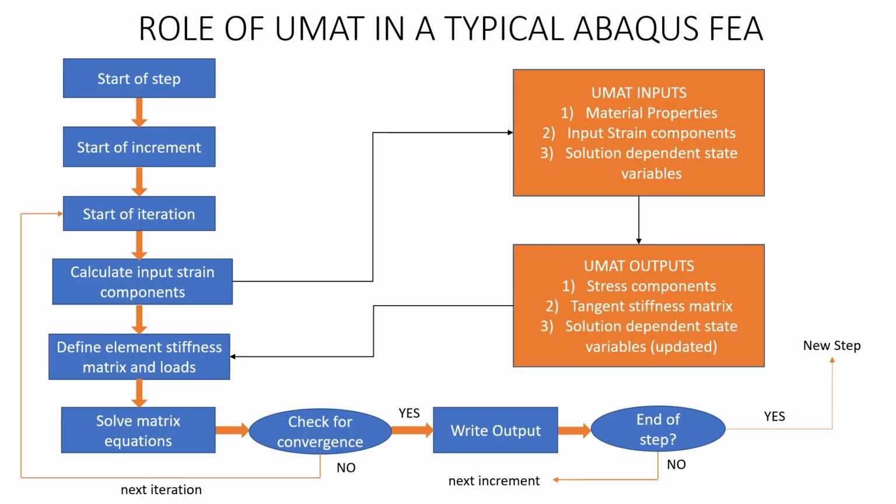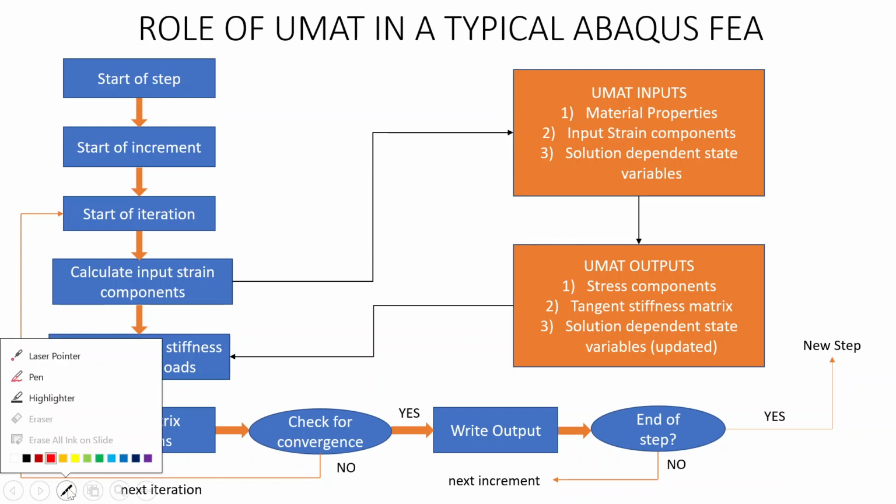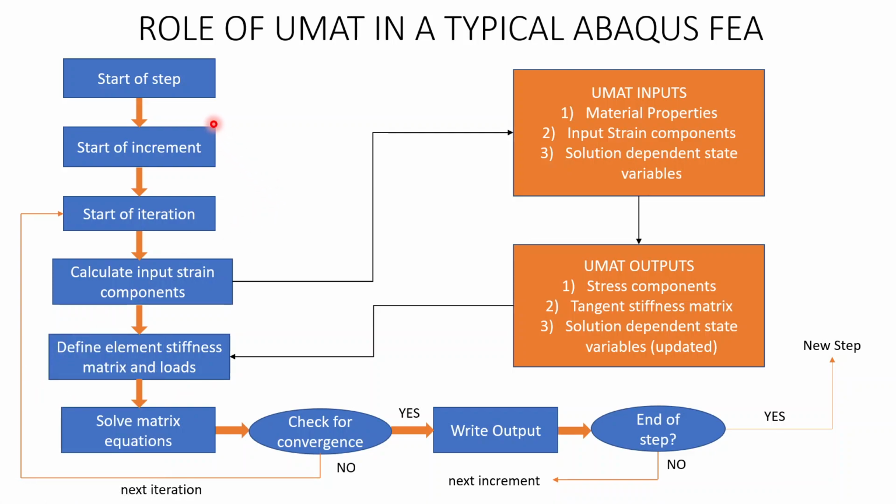This flowchart highlights the role of UMAT in a typical ABAQUS FEA. From the start of the step to the end of the step, there are various stages. Once the step has started, the start of the increment happens.